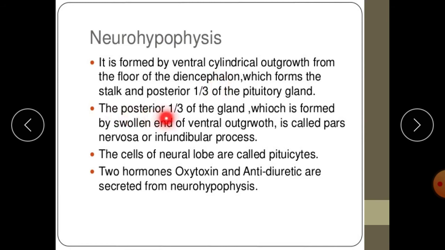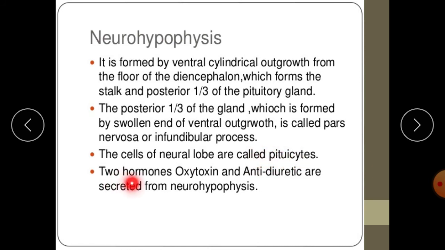The posterior 1/3 of the gland, formed by the swollen end of the ventral outgrowth, is called pars nervosa or infundibular process, and the stalk is connected to the hypothalamus. The cells of the neural lobe are called pituicytes.